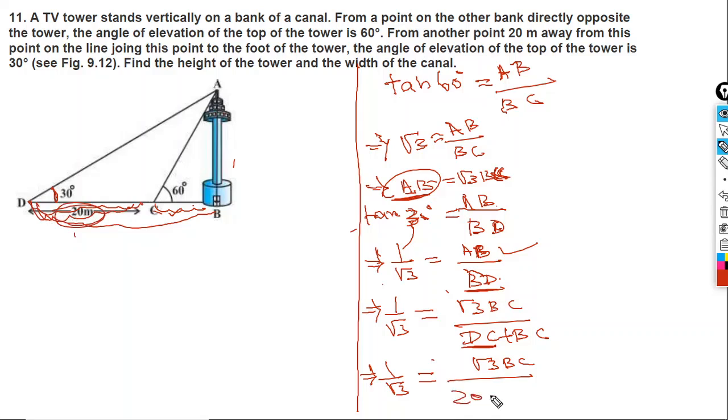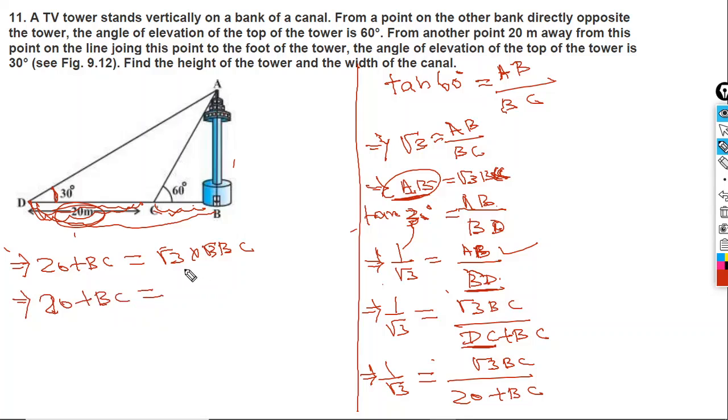So 20 plus BC. Now you cross multiply it. So implies 20 plus BC will be equal to root 3 into root 3 BC, so 20 plus BC equal to 3 BC.